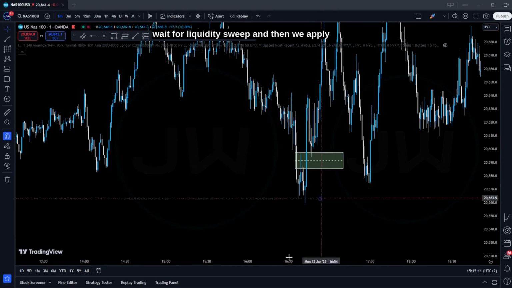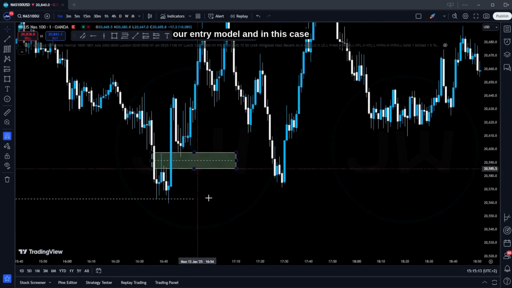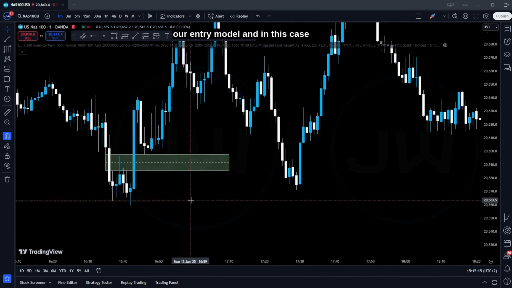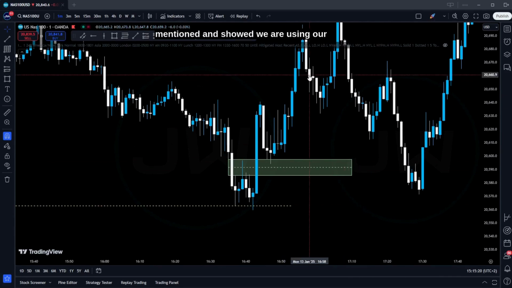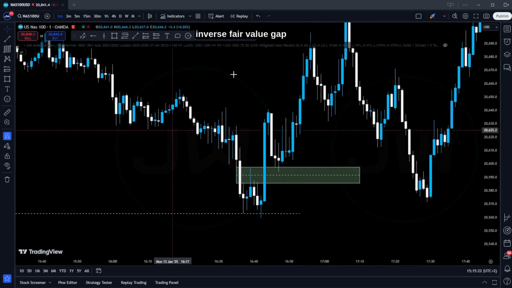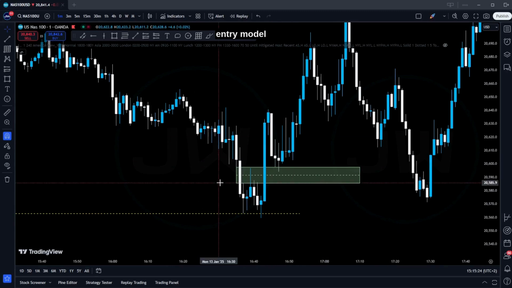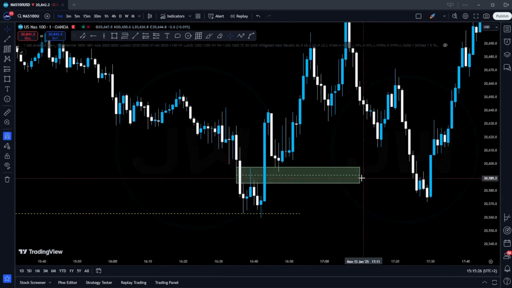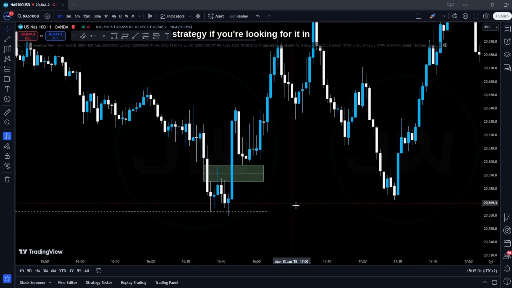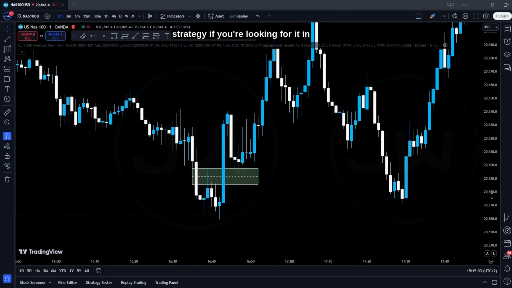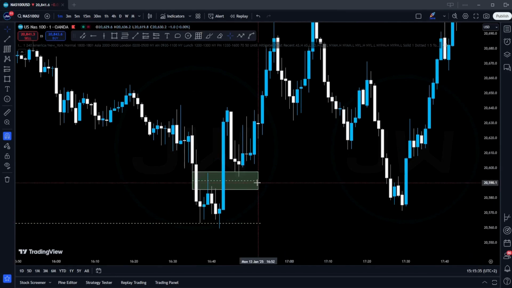So we wait for a liquidity sweep, and then we apply our entry model. And in this case, instead of our fair value gap entry model that I mentioned and showed, we are using our inverse fair value gap entry model. This one is simply the double tap strategy if you're looking for it in the free resources.